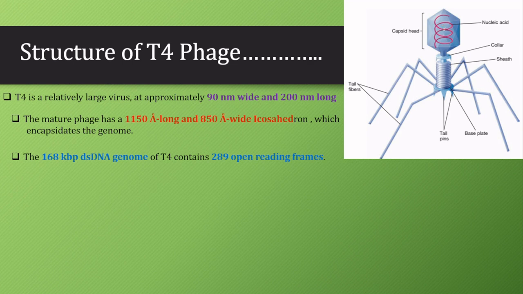The DNA of this virus is 168 kilobase pairs long, and it is double-stranded. This DNA contains 289 open reading frames. It means that this genome can encode 289 different types of proteins.